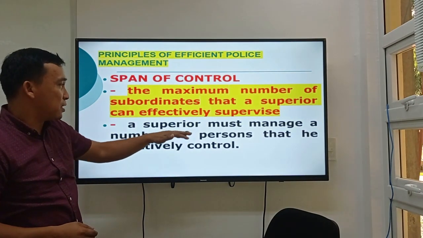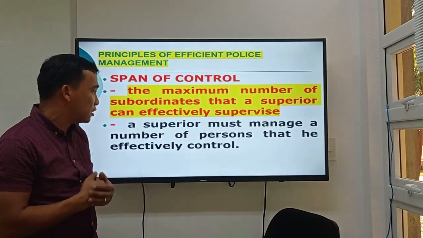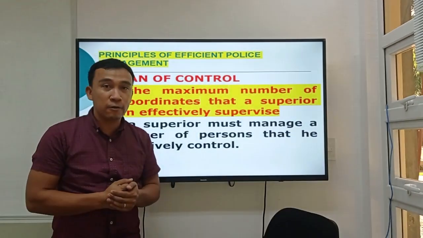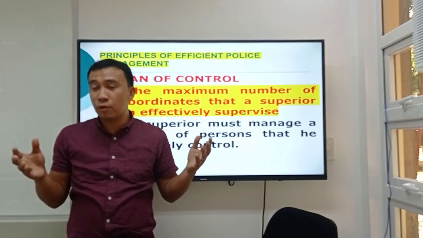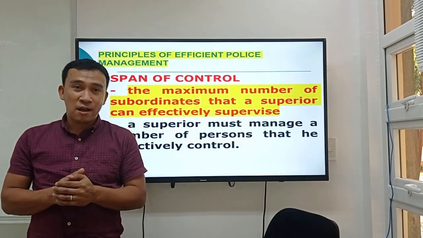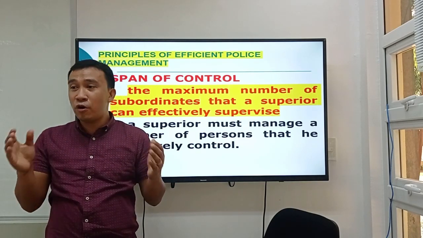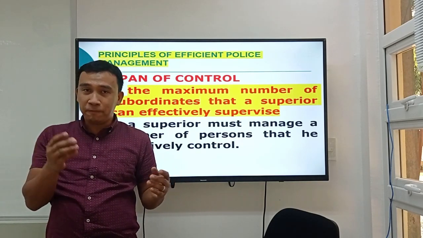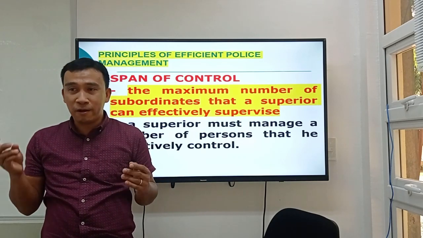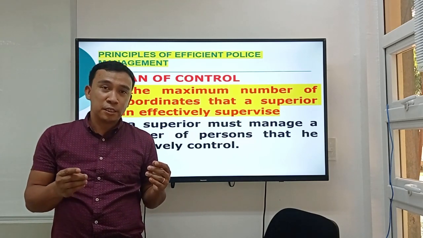A superior must manage a number of persons that he can effectively control. And not all positions have the same span of control. And not all leaders of different positions have the same span of control.